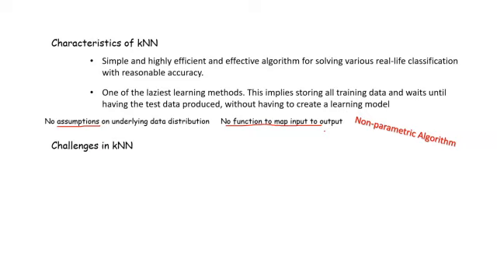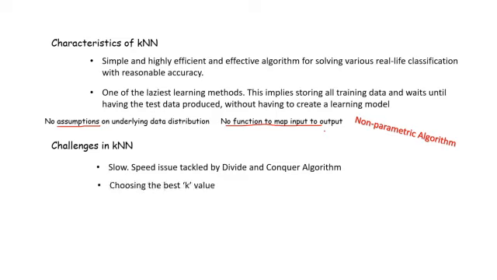Now, if we look into the disadvantages or the challenges of KNN, what we find here is, number one, it is pretty slow because you have to compute the distance between all the data points. So the complexity increases as the number of training data points increase or the dimensions increase. The speed issue is somewhat tackled by divide and conquer algorithms, but still for a very large data set, it is pretty slow.